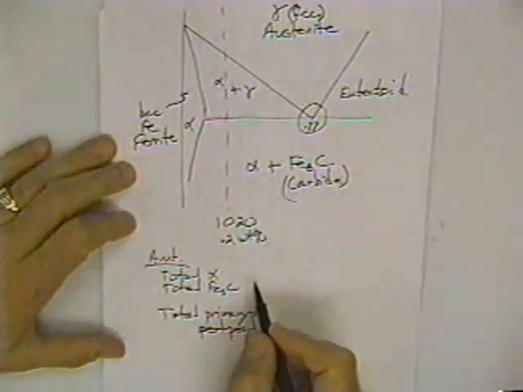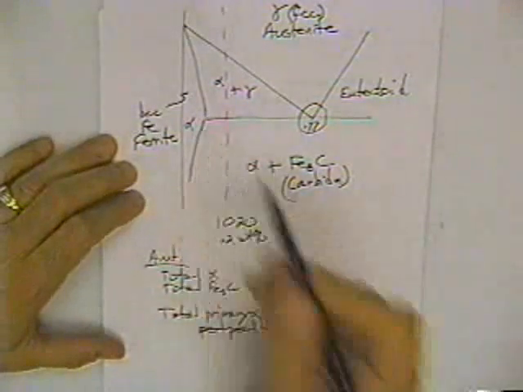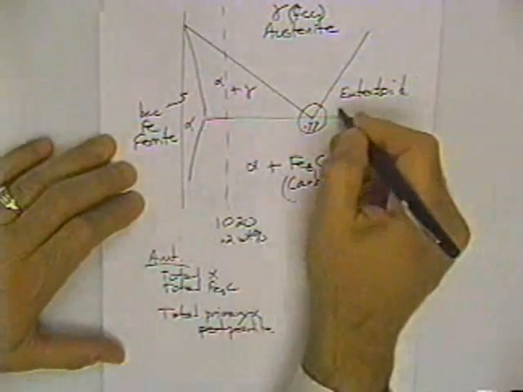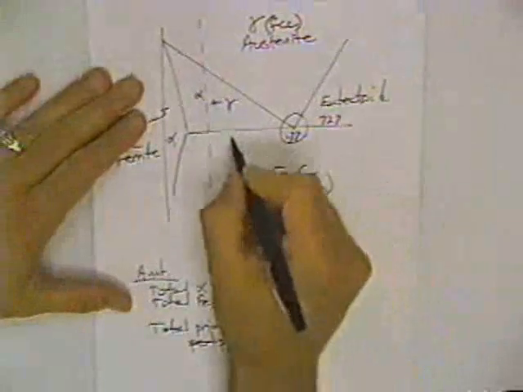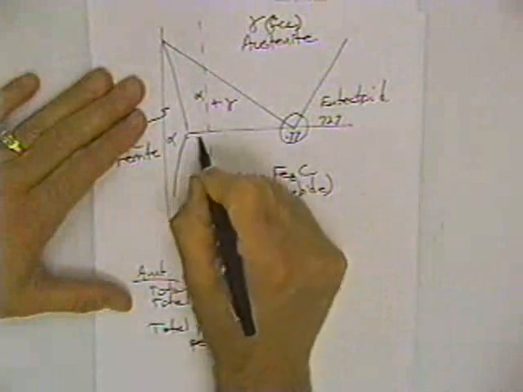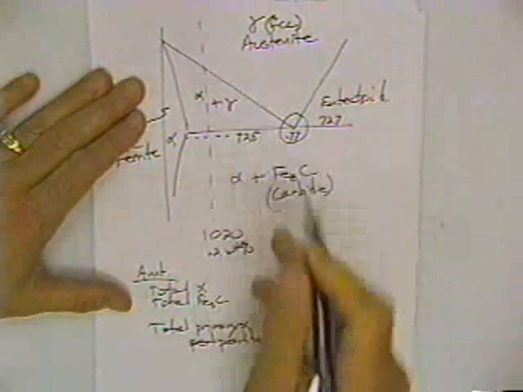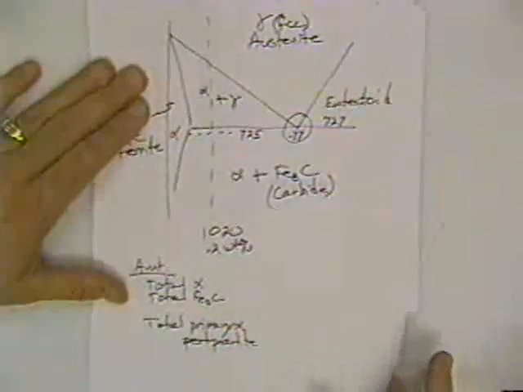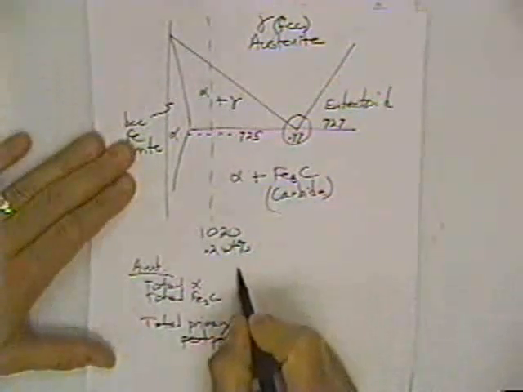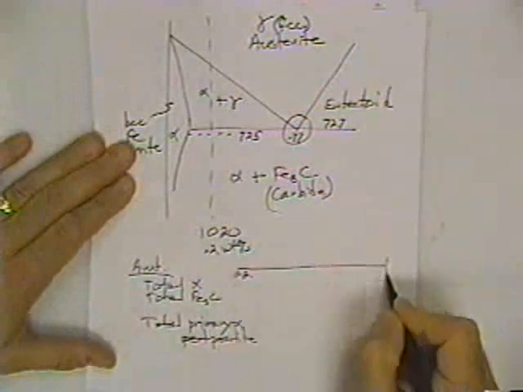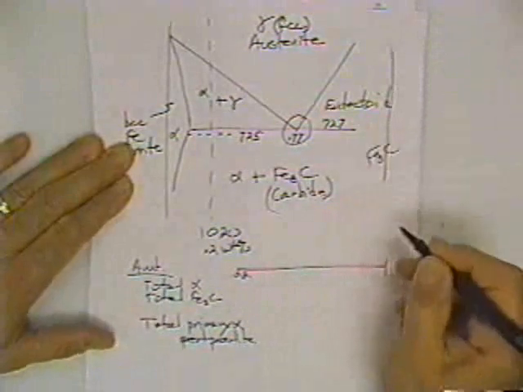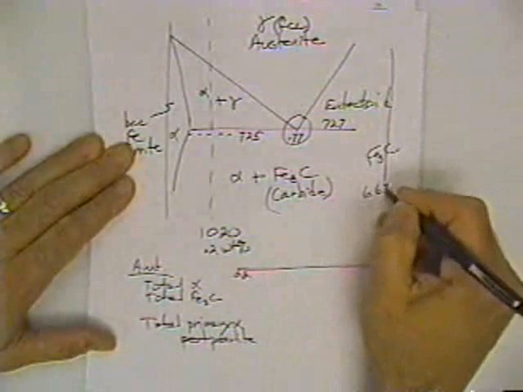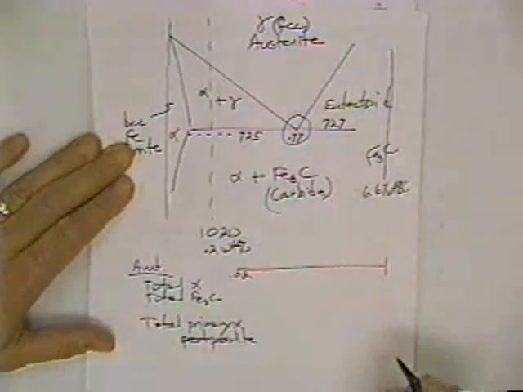Now for the amount of alpha in here, we would draw the tie line, and we need to choose a temperature. This temperature is, let me make sure I got the right number here, 727. So just to make this easy on ourselves, let's say we're at 725. So we can use those phase boundaries. So for the total alpha, the lever arm would go from 0.02. Well, now how far is it going to go over here on the right? Well, Fe3C is 25 atomic percent or 6.67 weight percent carbon.